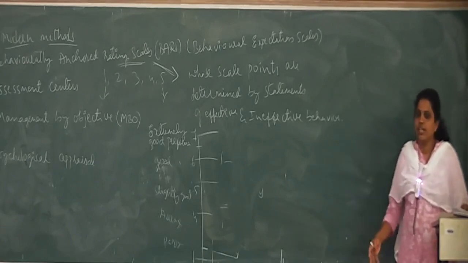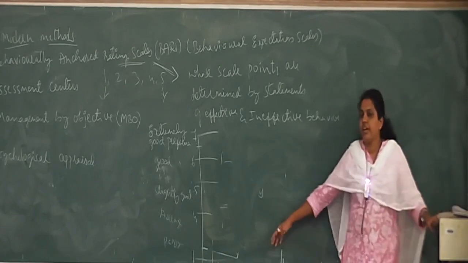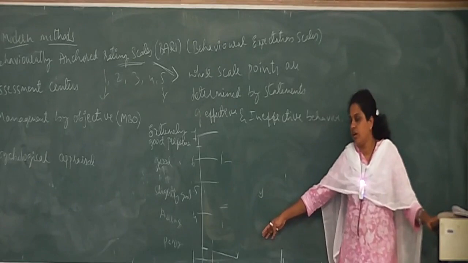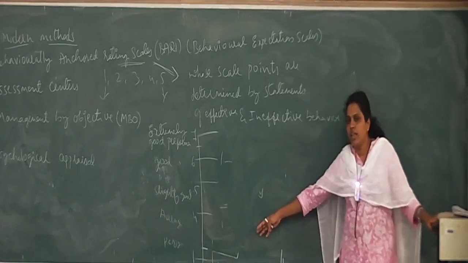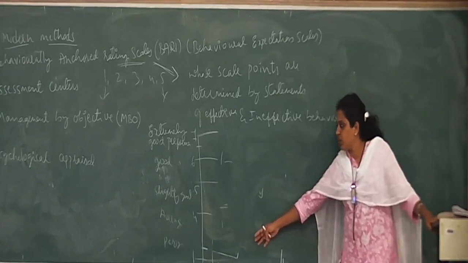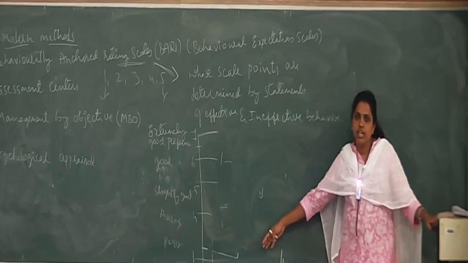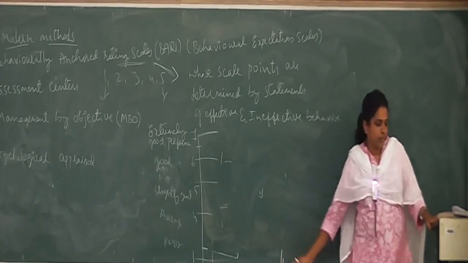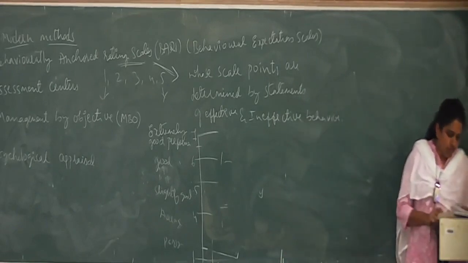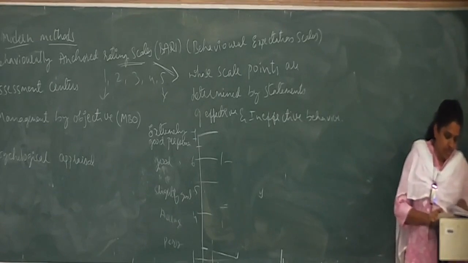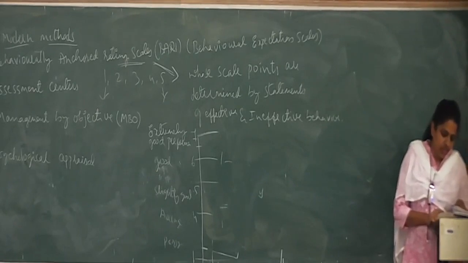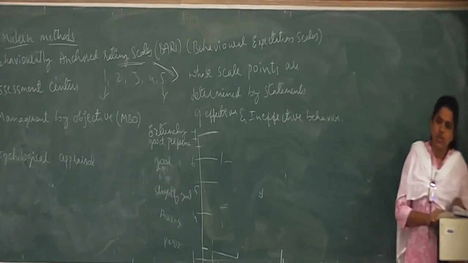If a rater has to rate that grocery checker as poor or average, then how should he be behaving? For poor performance, you could expect this checker to ask the customer the price of an item that he or she does not know.